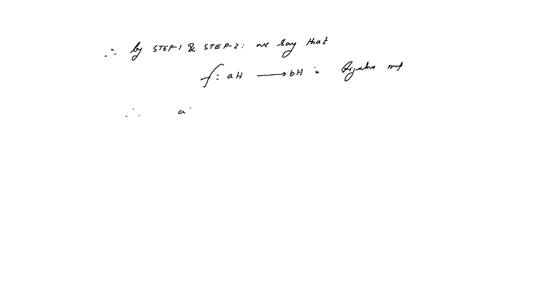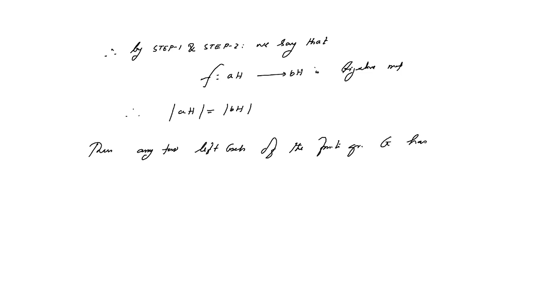And therefore, the cardinality of the set H equals the cardinality of the set BH. Thus, we can conclude any two left cosets of the finite group G have the same cardinality.